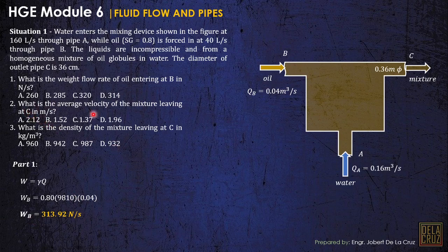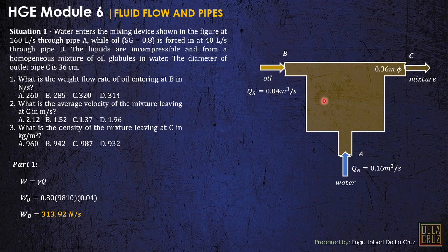Alright, what is the average velocity of the mixture leaving at C? Average velocity. So in order for us to calculate the velocity, dapat may discharge tayo. Discharge at C or Q sub C. Okay, so how can we calculate the discharge at C? Now, as the problem states that the liquids are incompressible, therefore it is assumed that yung water and yung oil is completely mixed here.